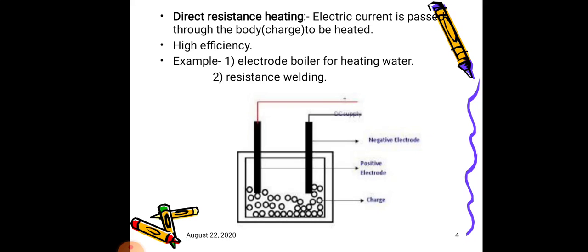So when we give the DC supply to the electrode, the charge is in the form of small pieces or in form of powder. High resistivity material is sprinkled over the surface of the charge to avoid short circuit, and heat is produced when current passes through the charges.